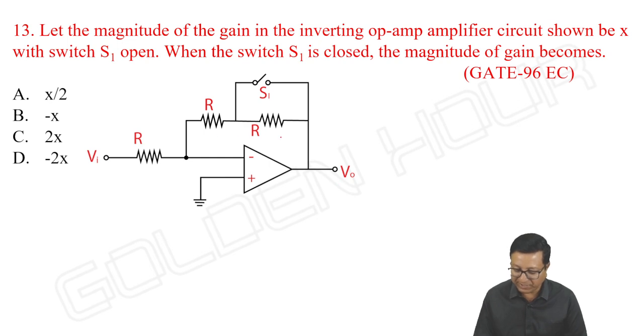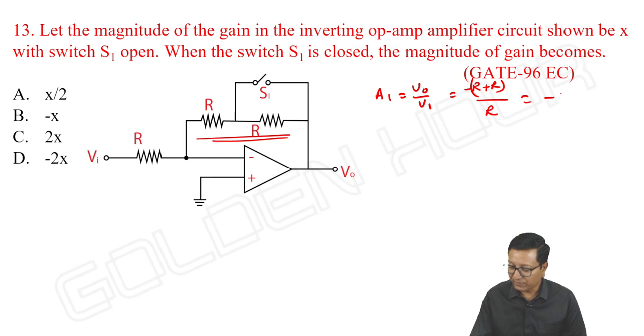This R and R will be in series. So the gain, I am writing V output by VI, is equal to minus R plus R by R. These two resistors will be in series. It is minus 2. Okay, let that be X. No issues. X is equal to minus 2.